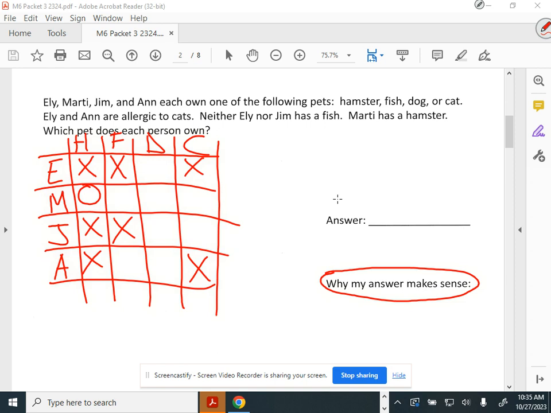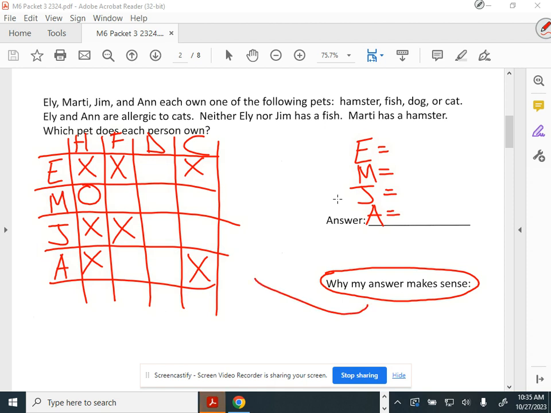Now I'm starting to narrow it down. I can look at my table and say, oh, I know what Eli has. There's only one animal that Eli can have now, so nobody else can have that. So you're going to fill in your circles and your X's: cross off what nobody can have, and circle when we know that it's theirs. In the end, you're going to say Eli has this animal, Marty has this animal, Jim has this animal, and Ann has this animal.